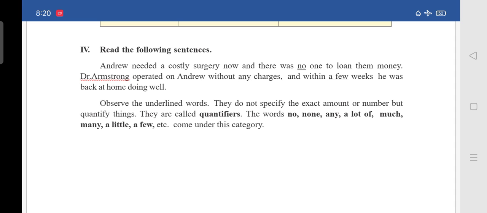So a few weeks doesn't give a particular number, it may be 1 week or 2 weeks, whatever. So that type of words are called quantifiers. There are still some more words like no, none, any, a lot of, much, many, a little, a few. These are also used as quantifiers.